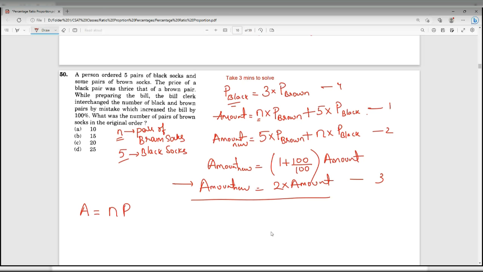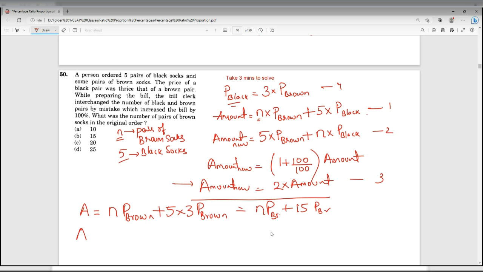A is N into P brown plus 5 into P black, where the price of black is 3 times the price of brown. This is equal to N P brown, which I will take as B, and then 15 P brown.